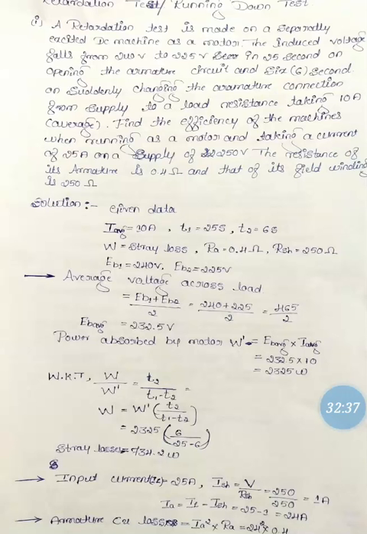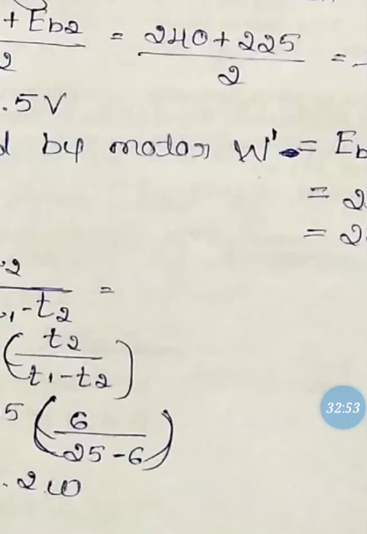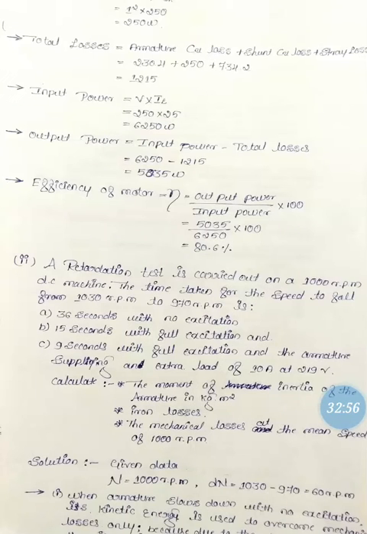Then the armature copper loss is calculated as Ia square into Ra, where Ia is the armature current that we calculated above, and Ra is the armature resistance, that is 0.4 ohm. Then we get the armature copper loss as 230.4 watt. Then the shunt field winding copper loss is calculated as Ish square into Rsh, that is 1 square into 250.